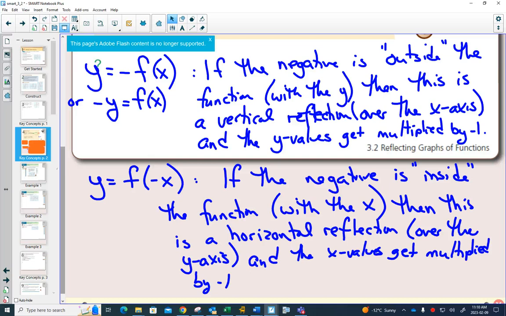And what that means, algebraically, is that your x-coordinates are going to change, and they're going to get multiplied by a negative 1.